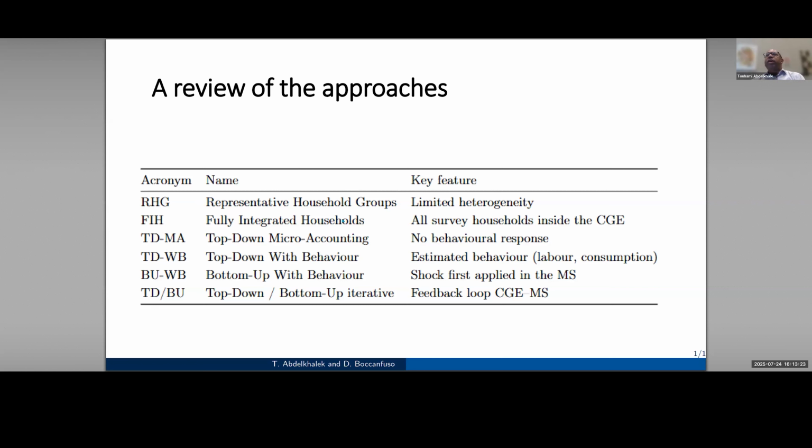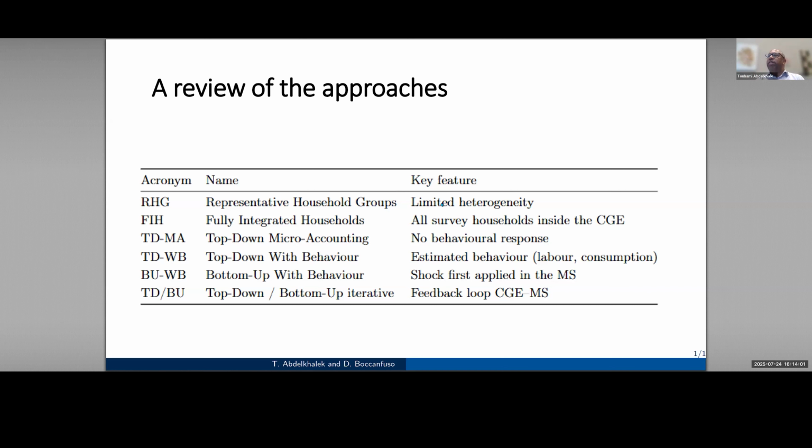The first one is used frequently by some researchers, when we group the households in a limited heterogeneity. If you construct from the data, you construct the model with 5 categories, from decile or quantile or quartile, or by residence, urban area, rural area, or any stratification, but in limited groups.